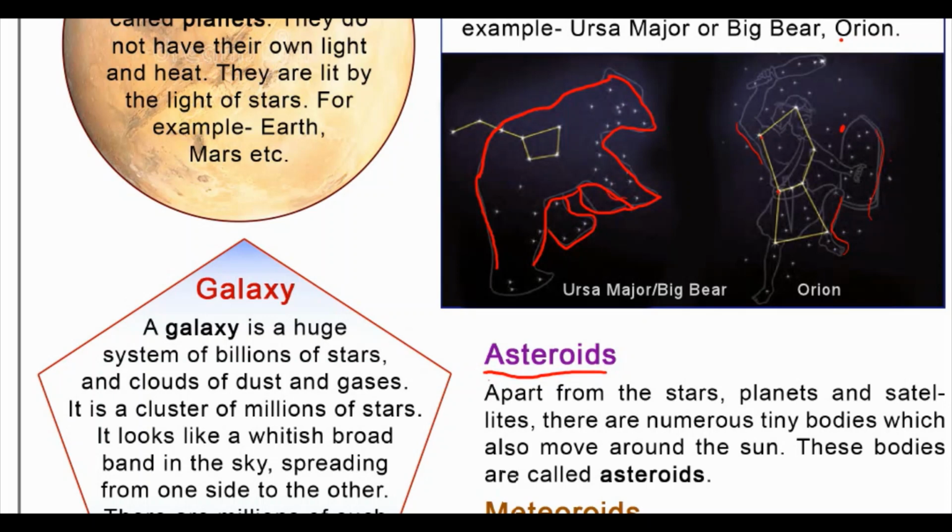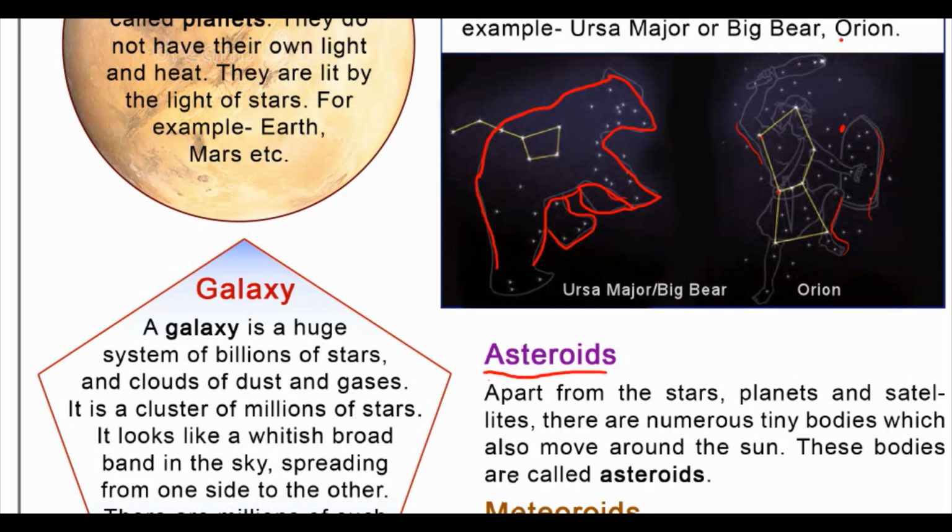So these are bodies which are called asteroids. Okay, and when many asteroids are formed and gathered at one place in the shape of a ring or a belt, that is known as the asteroid belt. This belt is present between the orbit of Mars and Jupiter, and most of the asteroids are located in this orbit.